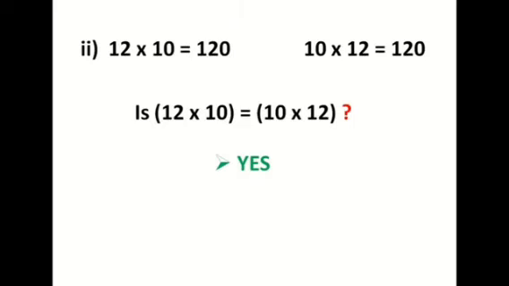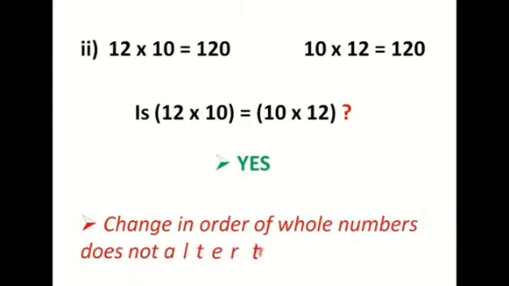So we can conclude that change in order of whole numbers doesn't alter their product. So this property is known as commutative property of whole numbers with respect to multiplication. I hope you have understood.